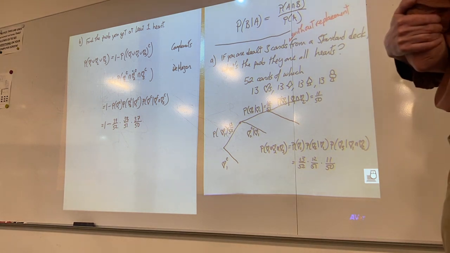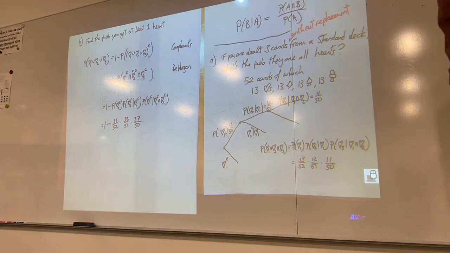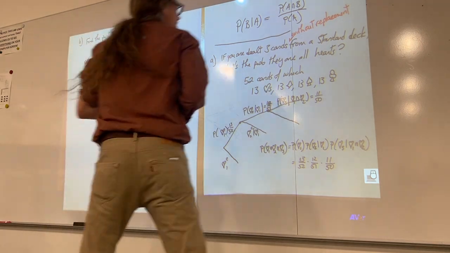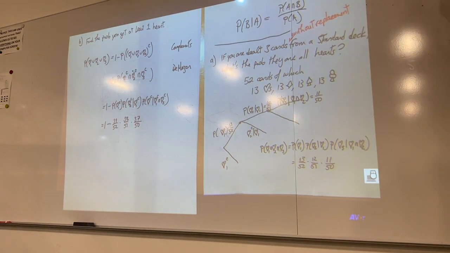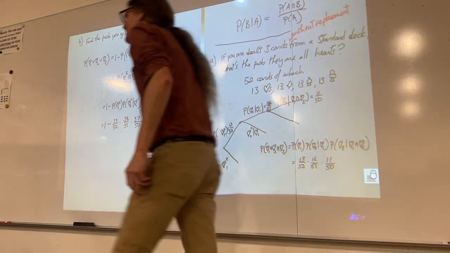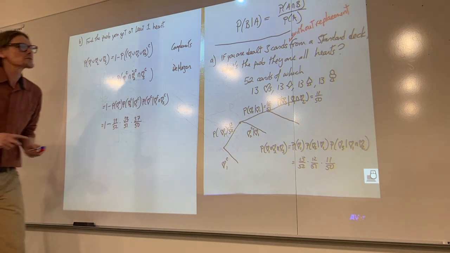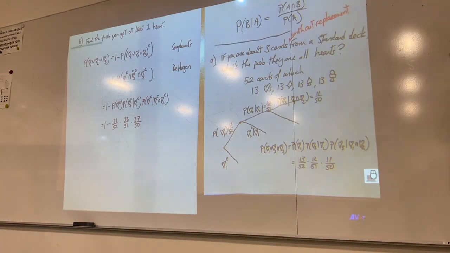An exclusive or, the way I've described it, is like, if I have 2 pens, what's the probability one of them works?